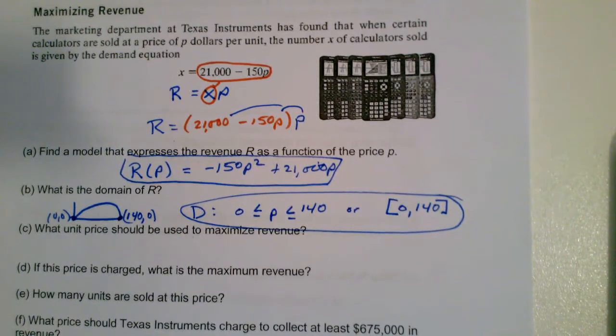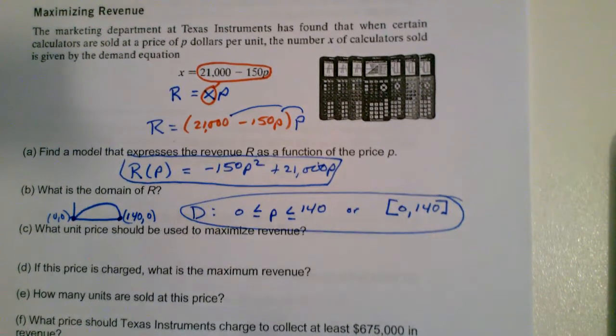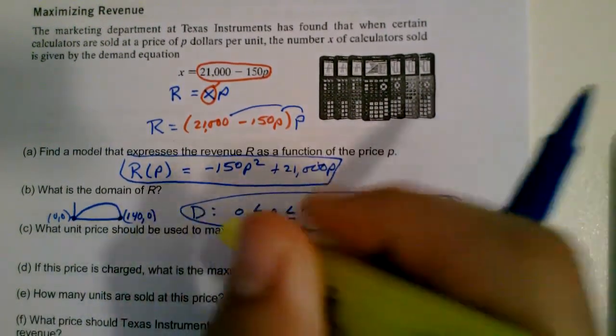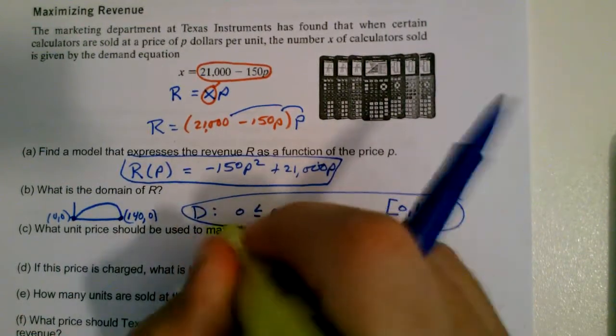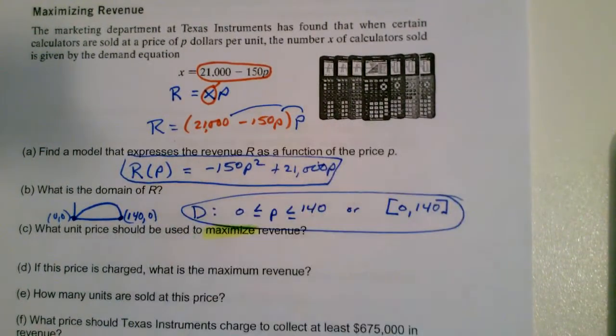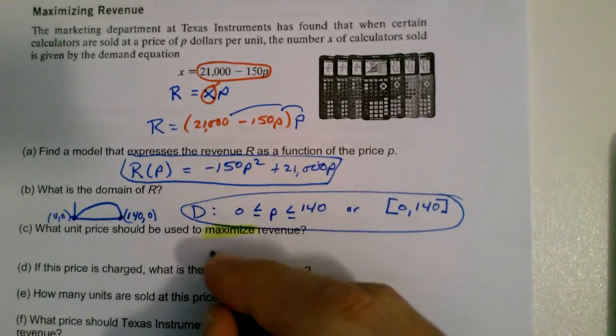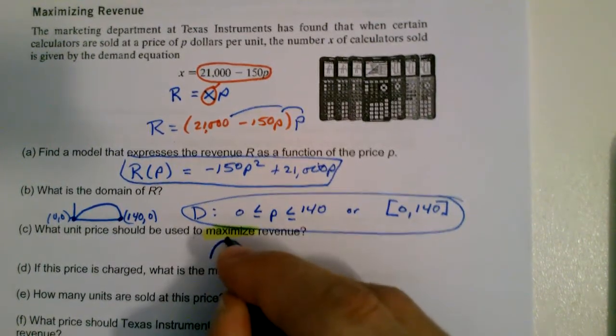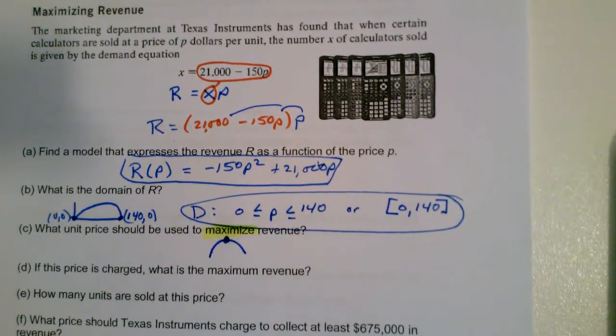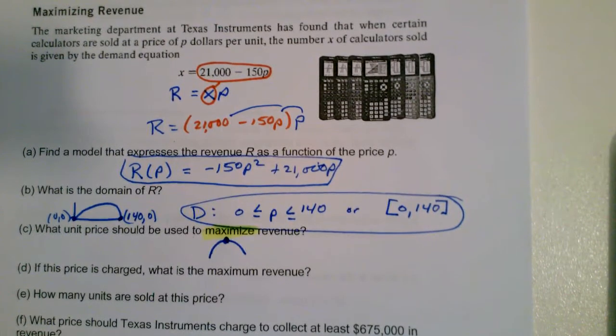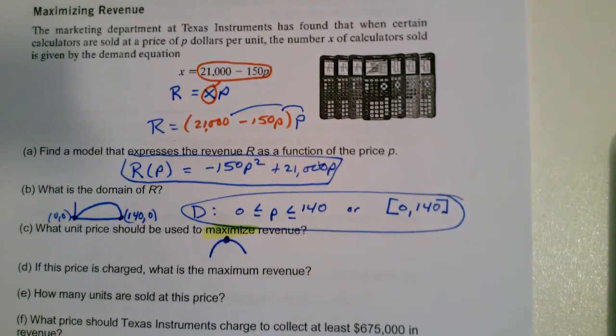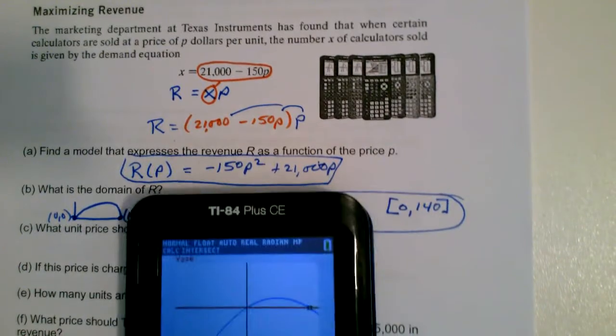All right, so I take a look at the next one. It says what unit price should be used to maximize this revenue. Well, we know what that is, right? We want to find the top of the mountain right there. Now we could use our axis of symmetry, x equals negative b over 2a, but we already got this thing graphed.